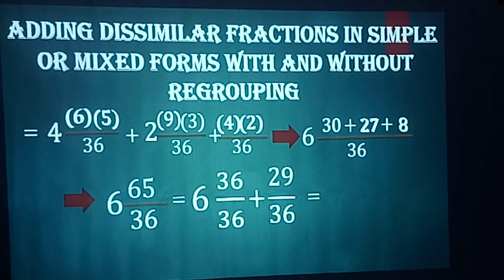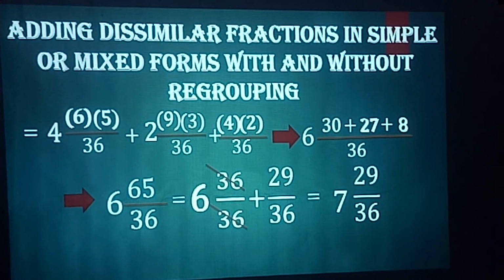Then, 36 divided by 36 is equal to 1, plus 6 is equal to 7, plus 29 over 36, and the final answer is equal to 7 and 29 over 36.